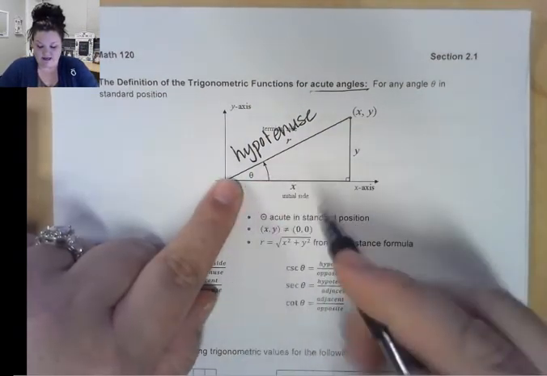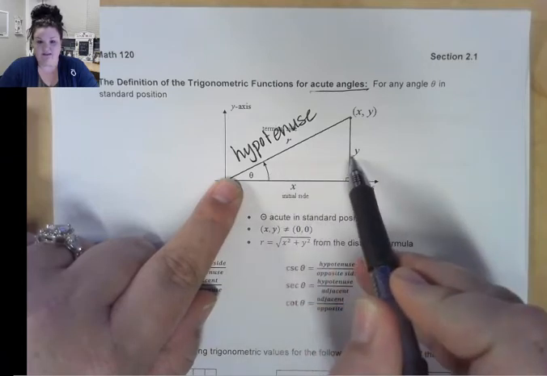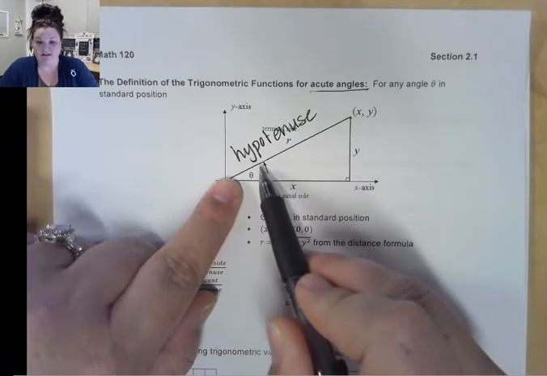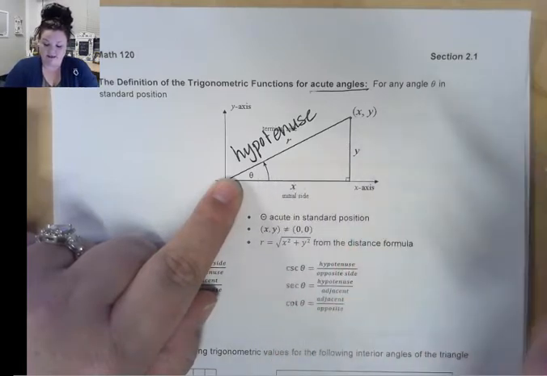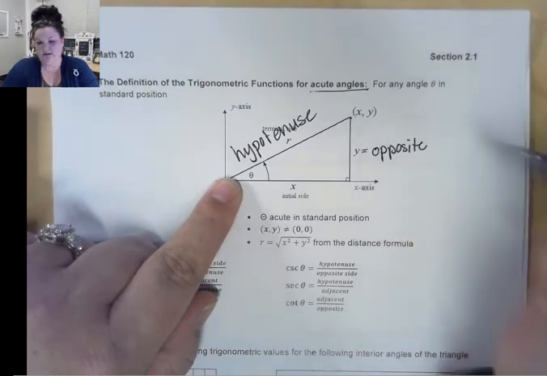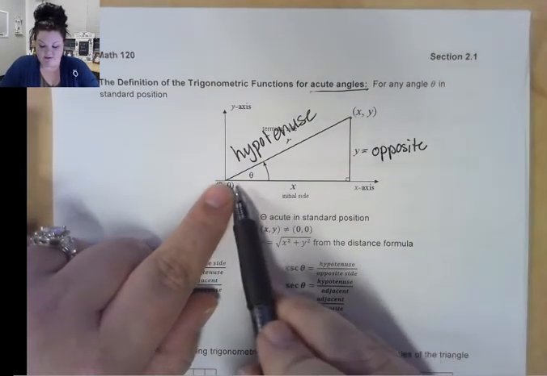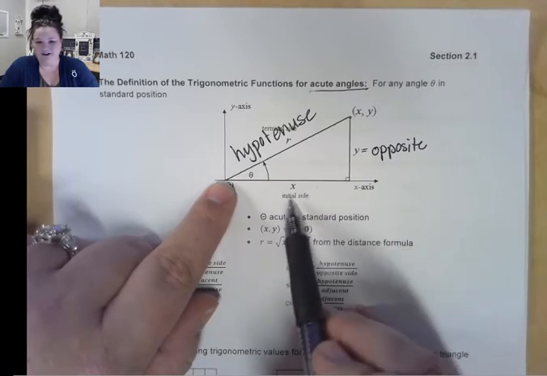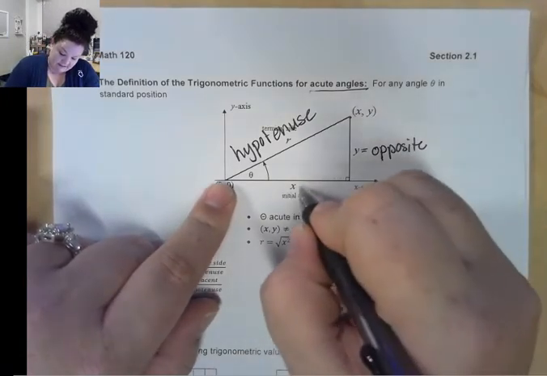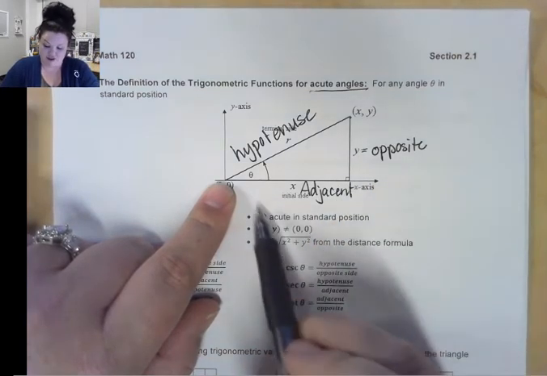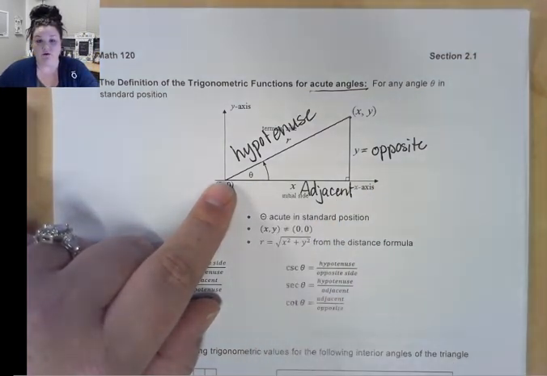Notice there's a side that is completely opposite the angle, or however wide this angle opens up, this is the side opposite it. So instead of y, we're going to use opposite. And this side, which we normally would call x because it's in standard position, we're going to call the adjacent side, because it's adjacent to our angle theta.